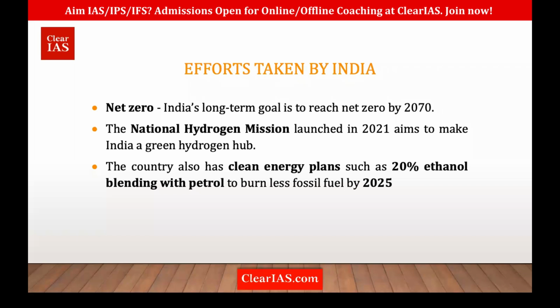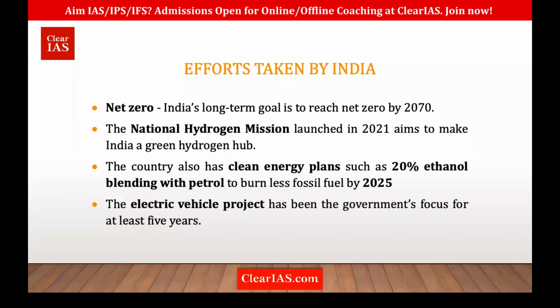You reduce the fossil fuel emission. Okay, so we have updated the national biofuel policy, and now it is 20% ethanol blending by 2025. Okay, then there is also a huge focus on electric vehicles. In the past 5 years, there have been so many subsidies. There is the FAME scheme. So many things are going on, and the government is trying to transition to electric vehicles.